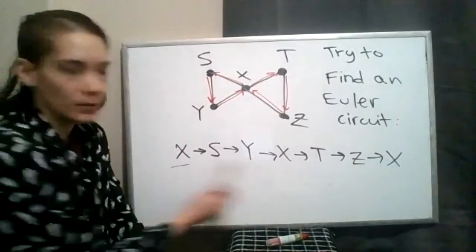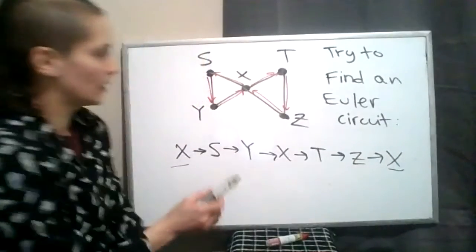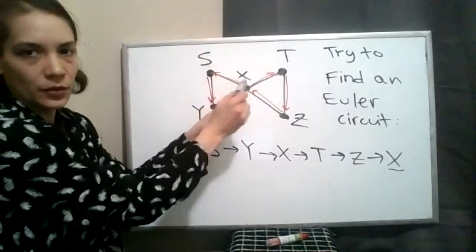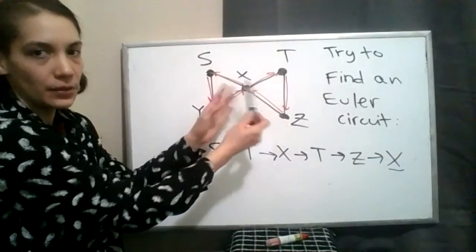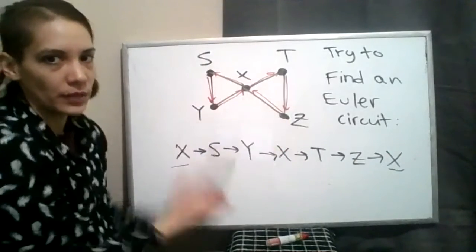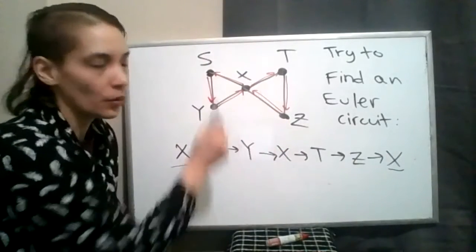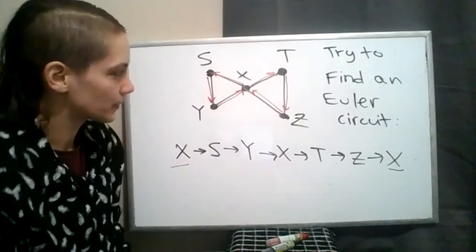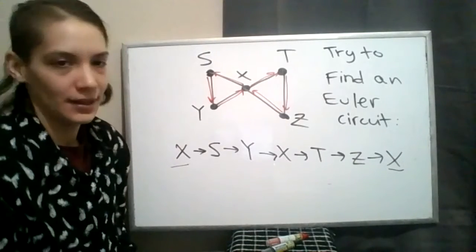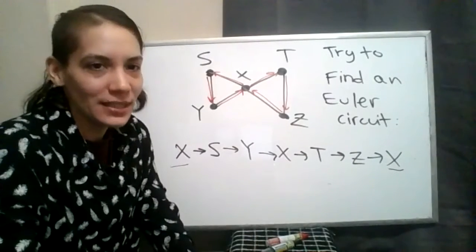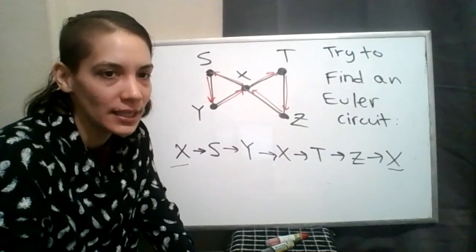So you start where you end. We use every edge one time, and we covered every edge with that sequence. Like we went around the whole graph. Okay, it's going pretty cool, but we want to try one that doesn't have any.